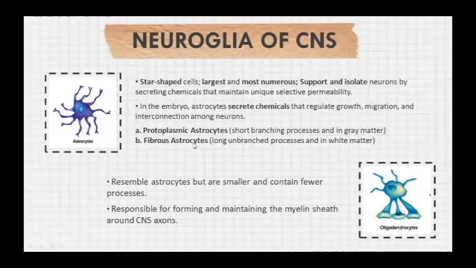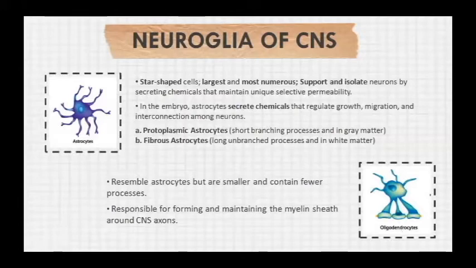First is the protoplasmic astrocytes, which are short, branching, and smaller, and could be found in gray matter, while fibrous astrocytes have long unbranched processes and could be found in white matter. The second type of neuroglia in the CNS is the oligodendrocytes. These oligodendrocytes resemble astrocytes but are smaller and contain fewer processes.